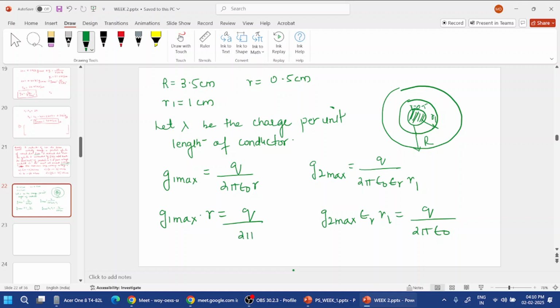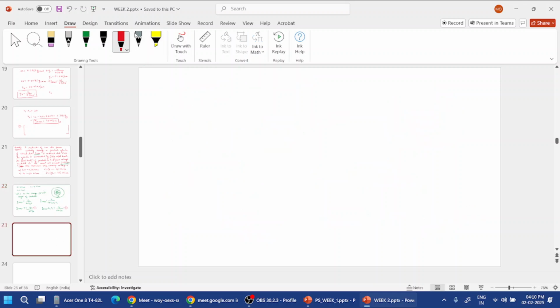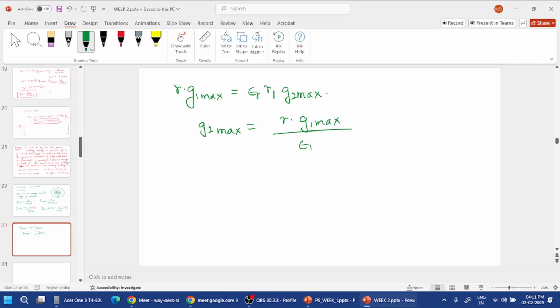Let's say this is 1, this is 2. So these both are same. So r into G1 max is equal to epsilon R R1 G2 max. If we rearrange this, G2 max comes out to be r into G1 max divided by epsilon R R1.